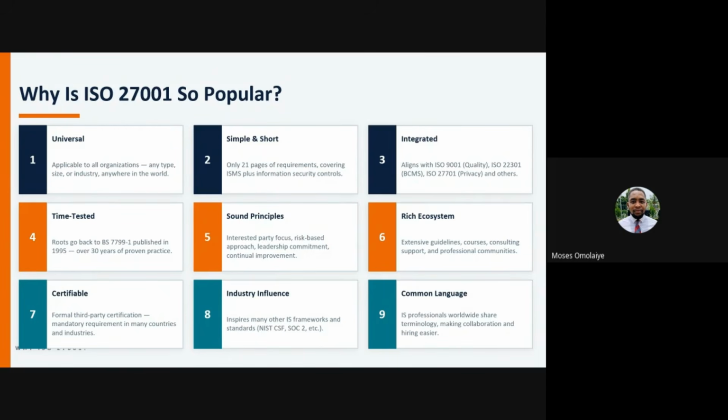And then industry influence. It inspires other frameworks like the NIST Cybersecurity Framework, SOC 2, and other frameworks. And it speaks a common language. There isn't a variance of lingua. It shares the same terminology, and it makes collaboration easier.